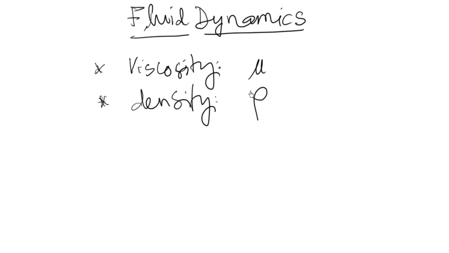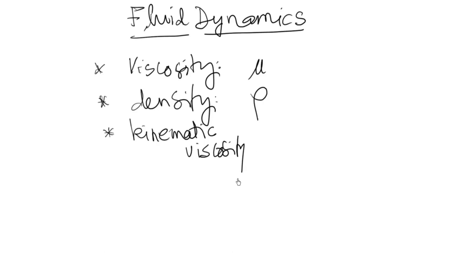It is denoted by rho. And kinematic viscosity is denoted by nu, which is the ratio of mu and rho.